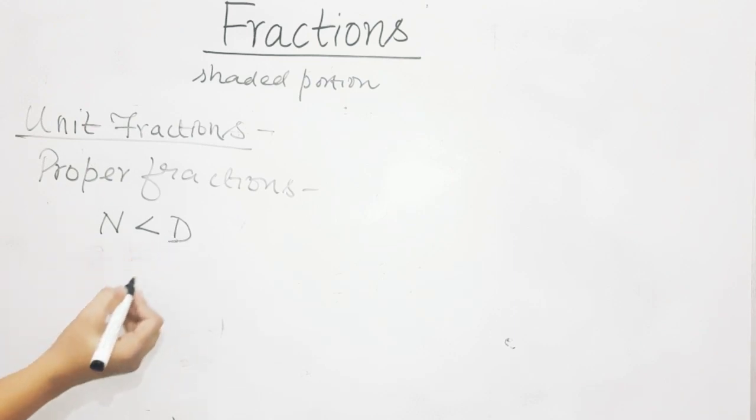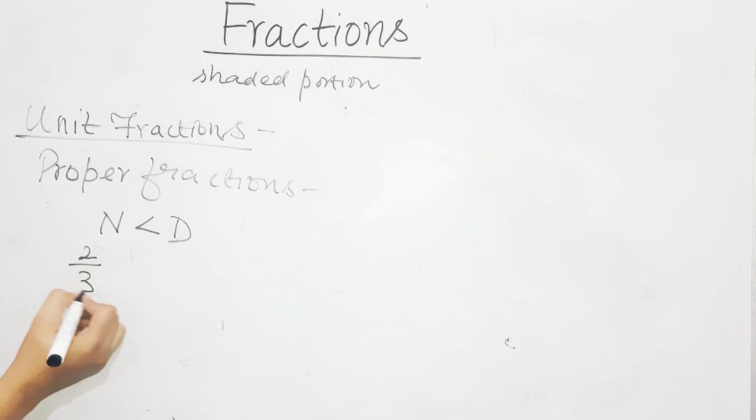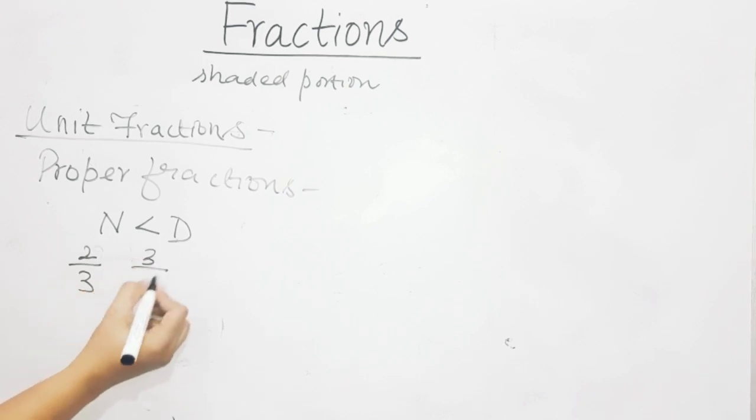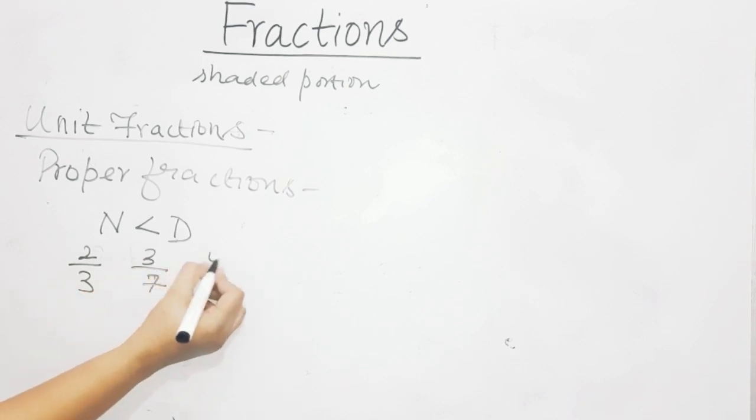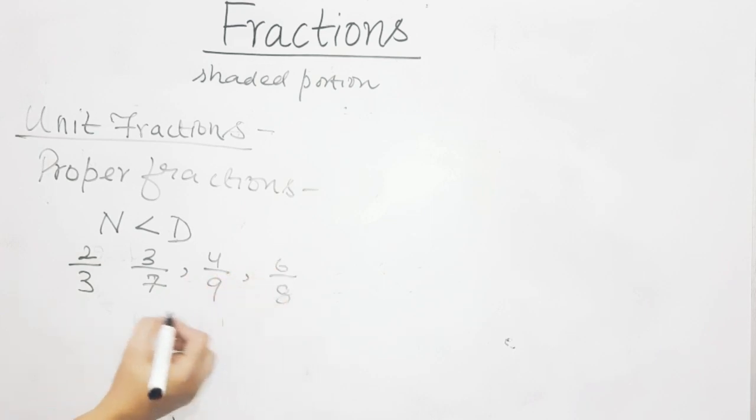Now students, the examples will be 2 upon 3, 3 upon 7, 4 upon 9, 6 upon 8, 4 upon 8. So what is the condition for proper fractions? The numerator should be smaller than the denominator.